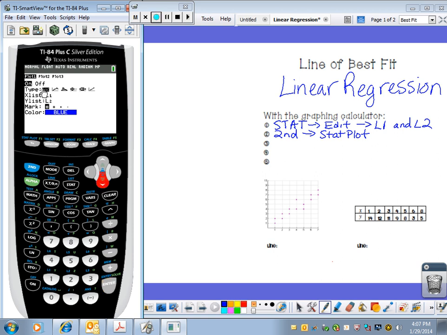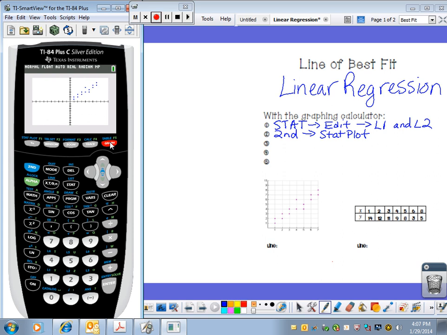I'm going to make sure that it is on the scatter plot, my X is L1 and my Y is L2. It doesn't really matter what marks you use. I'm going to choose the dot because I like that better. In the TI-84, you can choose a color. Then I'm going to hit graph.